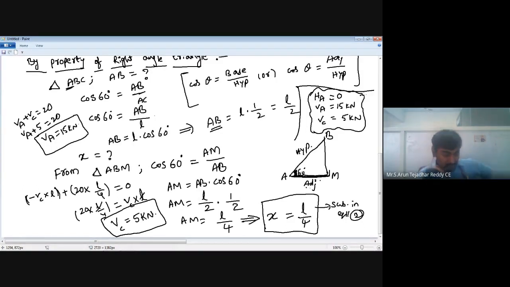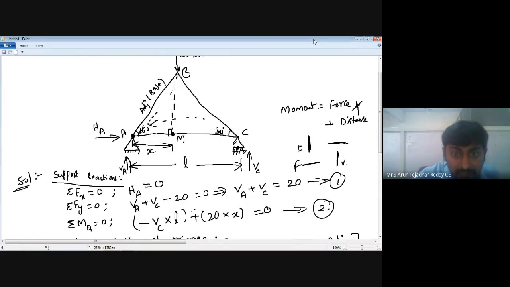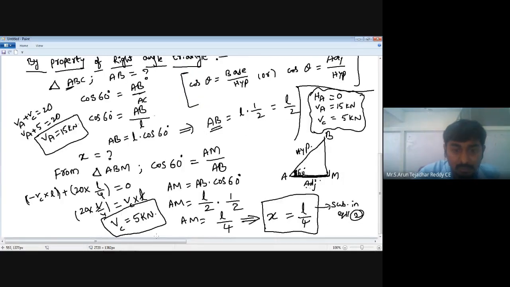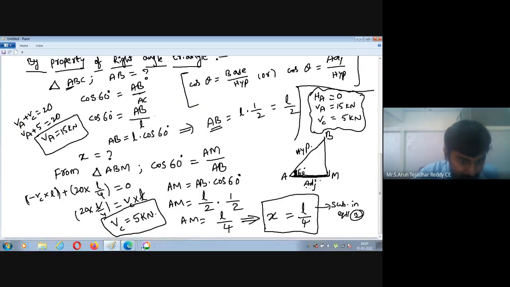It means find the member forces. In this problem, totally 3 members are acting: AB, BC, CA. AB one member, BC one member, AC third member. Totally 3 member forces. So that is your homework problem.